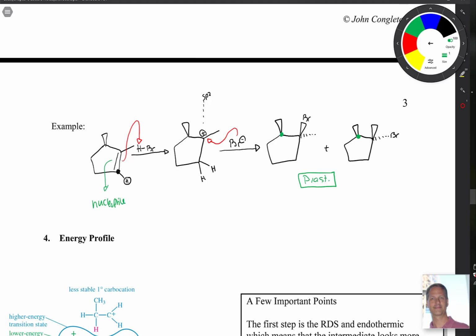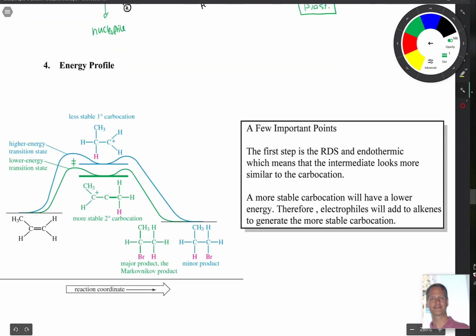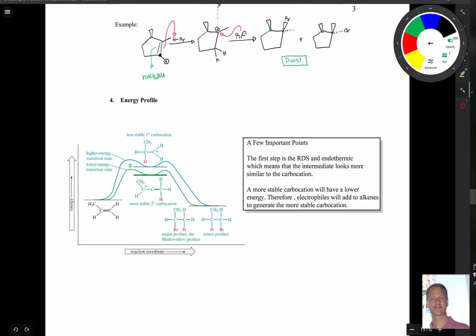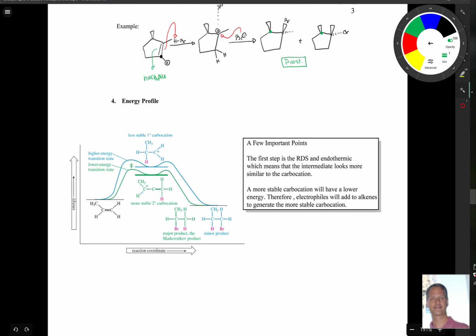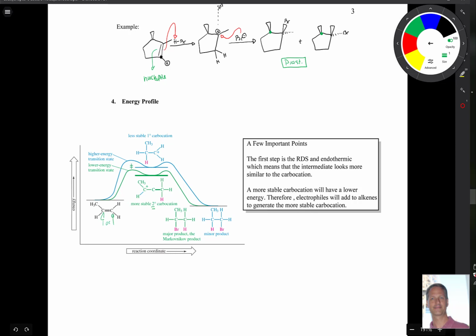Now this whole idea of Markovnikov's rule, again just as a reminder, is based on the principle that the first step of this reaction leads to a carbocation, and the carbocation that has the lowest activation energy will be the one that has more product formed. Looking at this, H could go to that position or to this position.